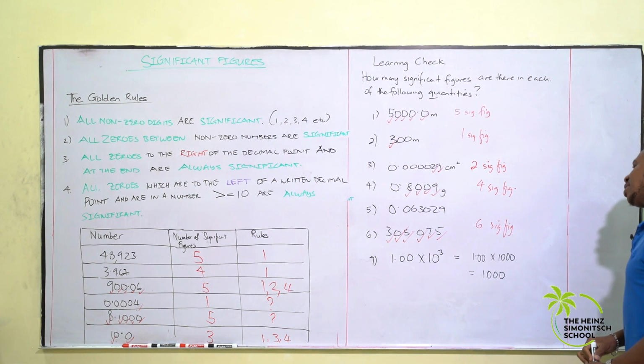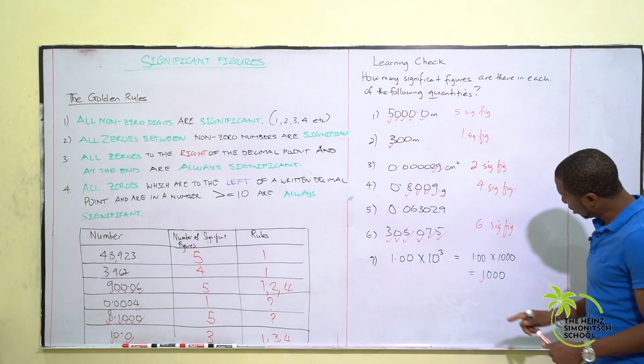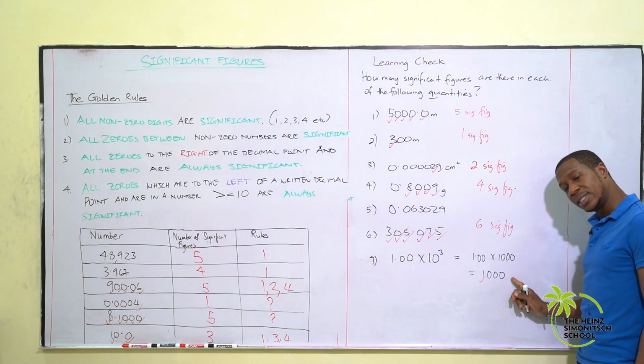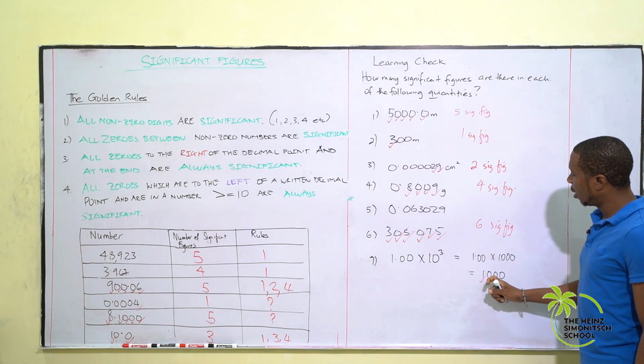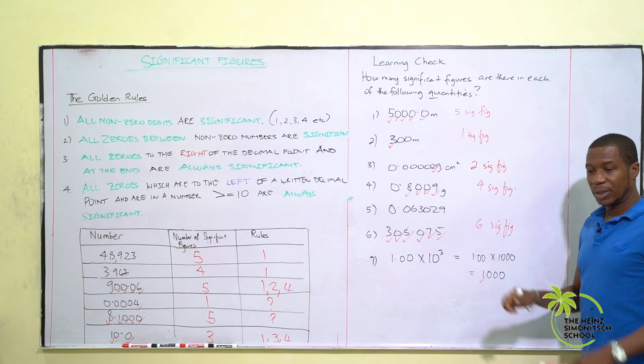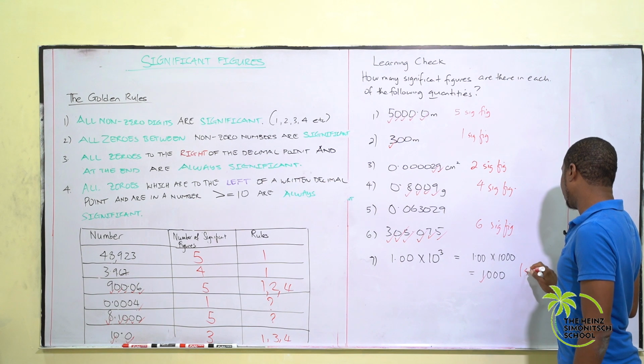So how many significant figures will this have? Of course, 1 here is significant, and these zeros here are not significant because they are not a part of a decimal, so they are not considered to be significant. So we only have one significant figure in this number.